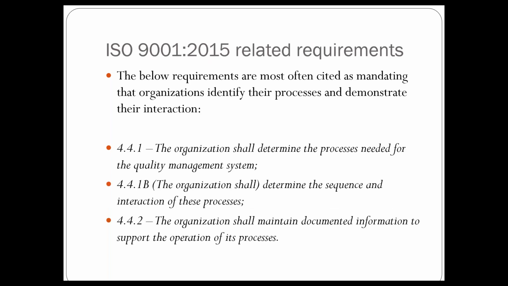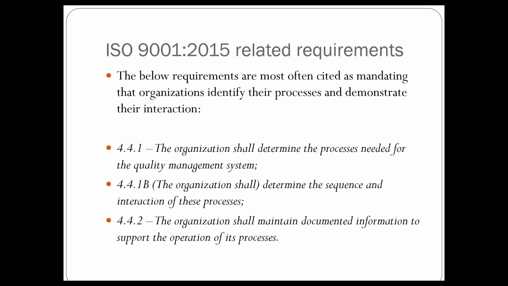Now, to look to ISO 9001-2015, the requirement to establish an IOP is rooted in three key requirements. First, in 4.4.1, it says that an organization has to determine the processes that are needed for the quality management system. This establishes the core concept that a quality management system is rooted in processes.